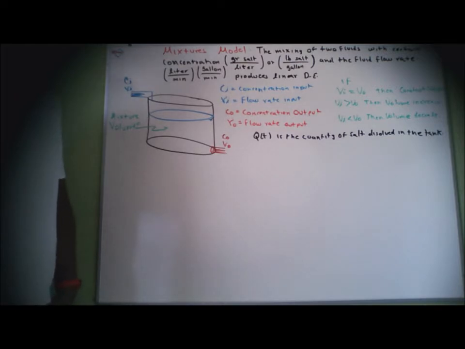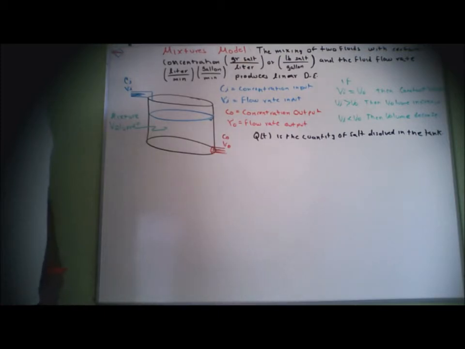The mixture is usually a material dissolved in water. Let me give you one example: salt dissolved in water. How many grams of salt is dissolved in water? Another example is sugar dissolved in water. How sweet or not sweet the water is. So that is the mixture of a material with the water.